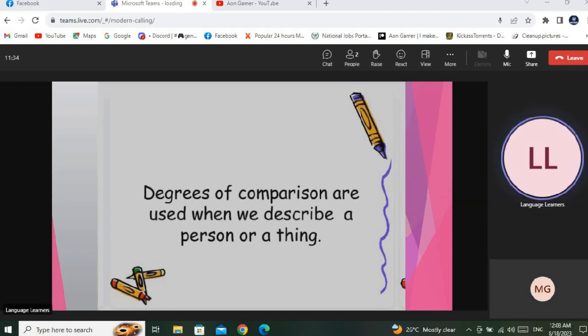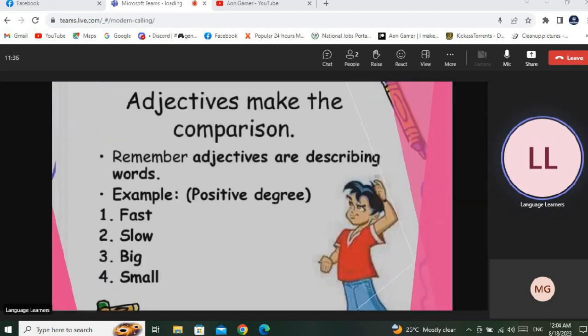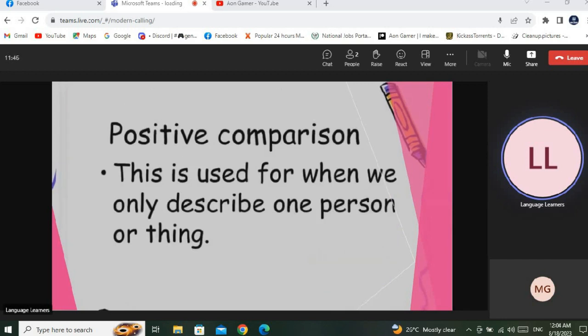So let's come to the positive degree. The positive degree is used when we describe only one person or thing. Let's have a look at a few examples. The house is big. House is a noun, big is an adjective, and here big is describing the house.